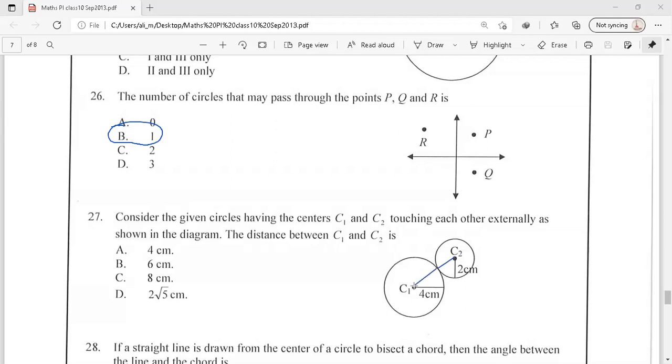Similarly, this line represents the radius of the larger circle, and it is equal to 4. So this side is 2 and this side is 4. So the distance between C1 and C2 will be equal to 6. According to the theorems, the distance between the centers of two circles touching externally is always equal to the sum of their radii. Option B is the correct answer for this question.